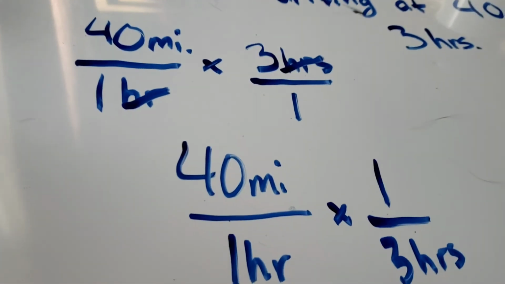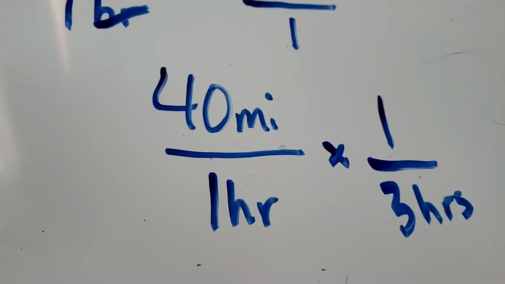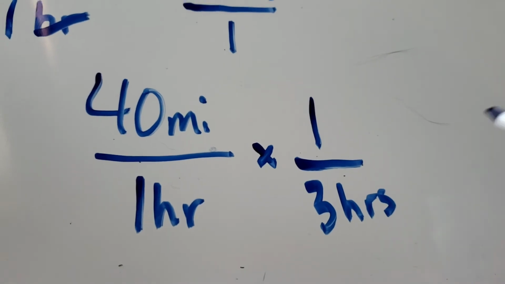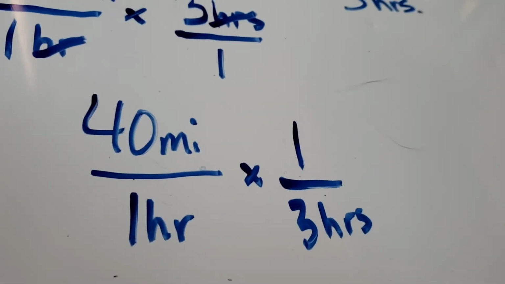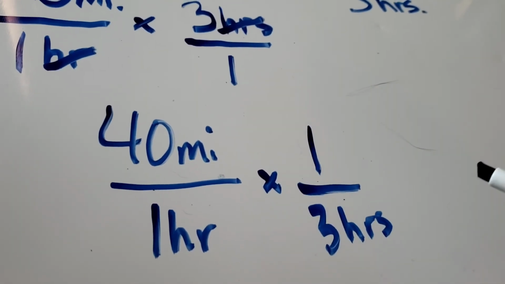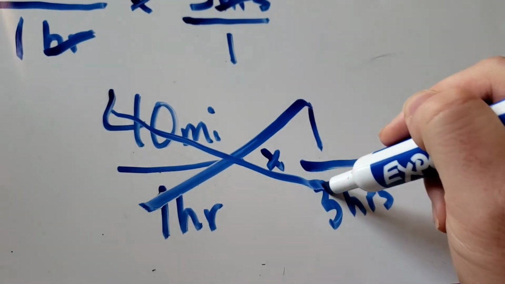If we set the problem up this way, you see that there's nothing that's going to cancel out here. We'd be left with 40 miles times 1, which gives us 40 miles. 1 hour times 3 hours, which gives us 3 hours squared. Those are nonsense units. So if you happen to set it up incorrectly, your units aren't going to cancel out and you're left with nonsense. So we know that this is incorrect.